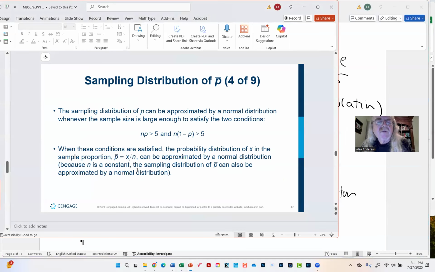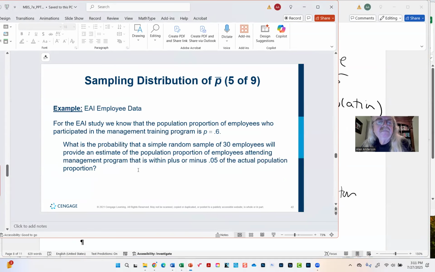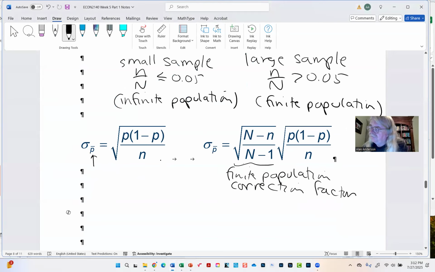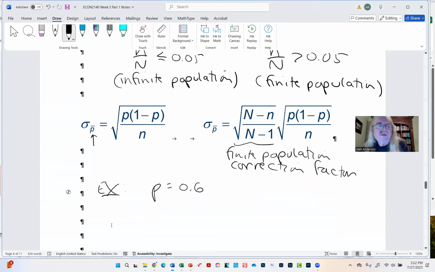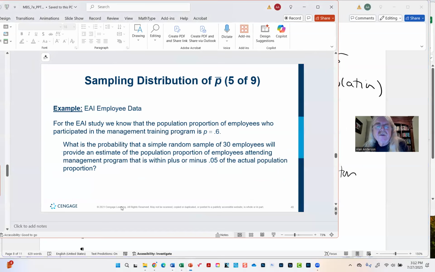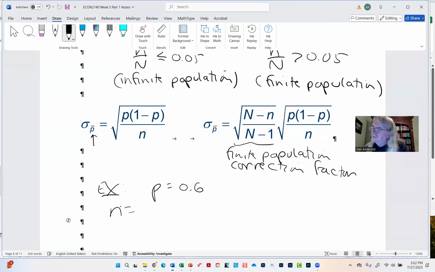Right, let's look at their example. Remember we were told the population proportion is 0.6, those who have the training. We figured that out ourselves in this spreadsheet. So they want to know if we took a sample of 30 employees, and remember the population is 2,500.